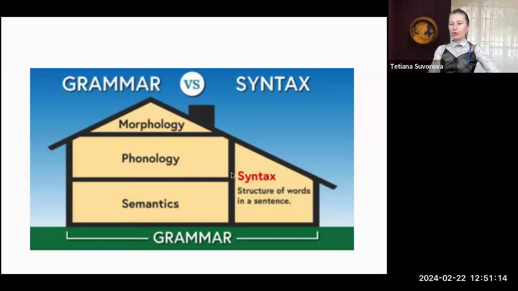But once you use this word already in the sentence, it means that you don't speak about the language. It's already your speech, so these are different things.